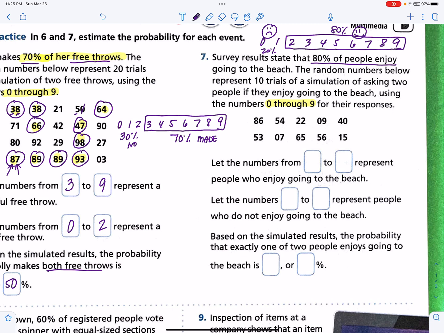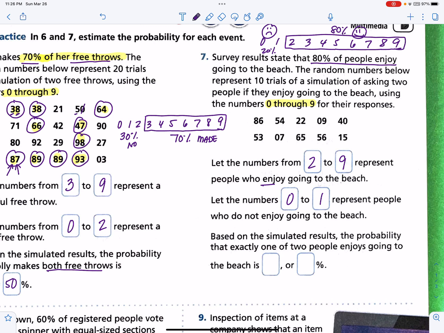What they're wanting to know, though, let's look at what they're actually saying. Asking two people if they enjoy going to the beach. Let numbers from people who enjoy, 2 through 9, be people enjoy, which means 0 to 1 do not enjoy.